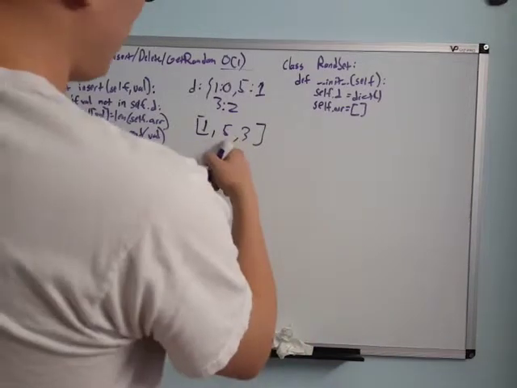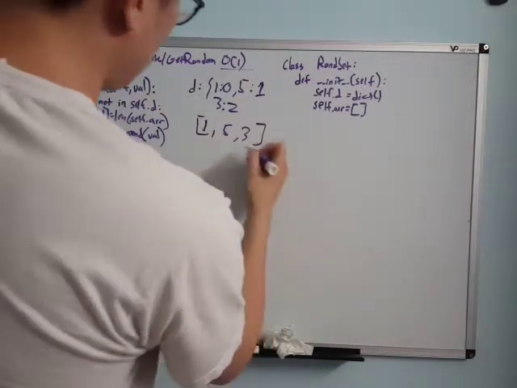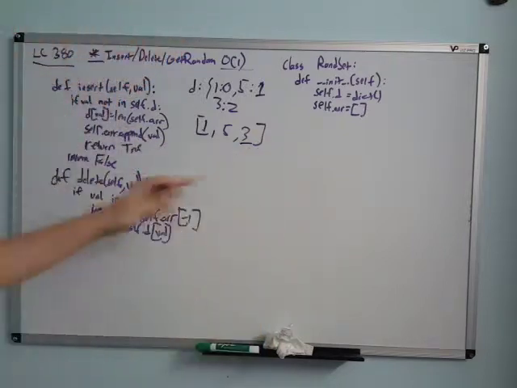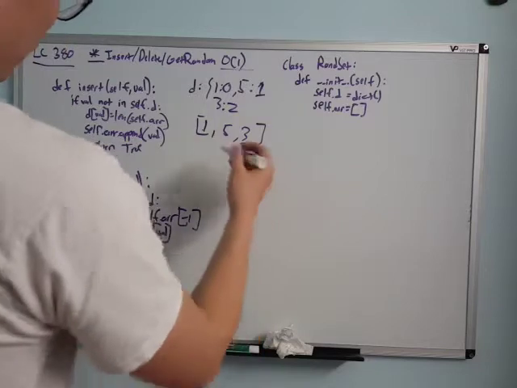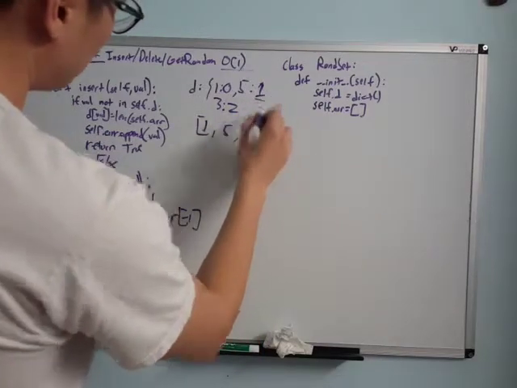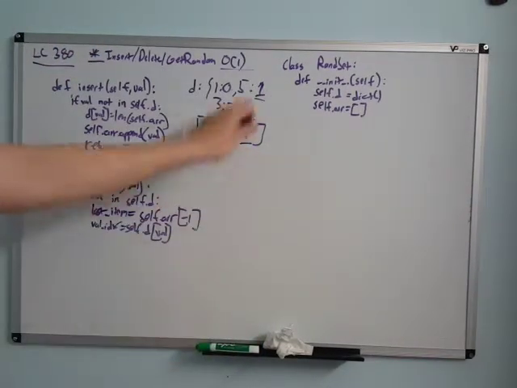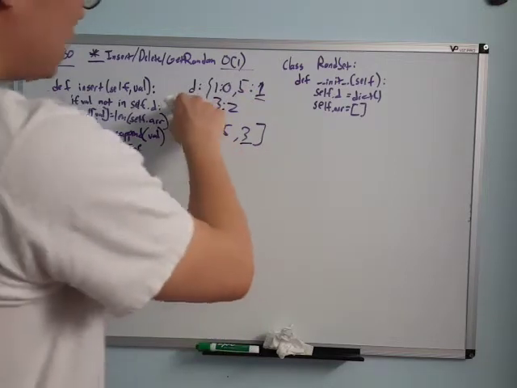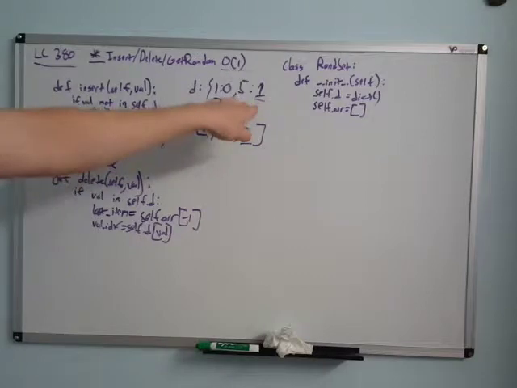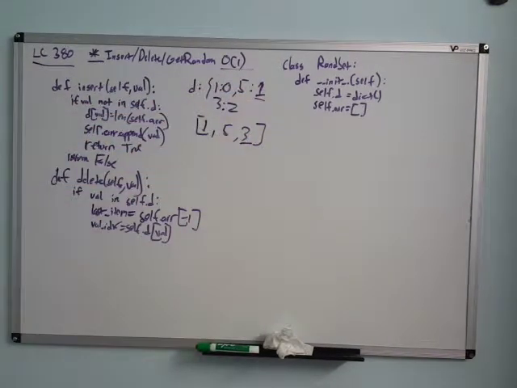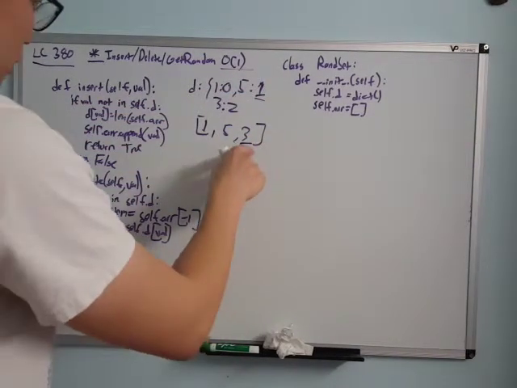When we want to delete 5, what we want to do is keep track of the last item in our array and the index of the item we're trying to delete, which is here. We can get that by doing self.d of the value, which is 5, which would give us the dictionary value, 1. And then we need to keep track of our last value.